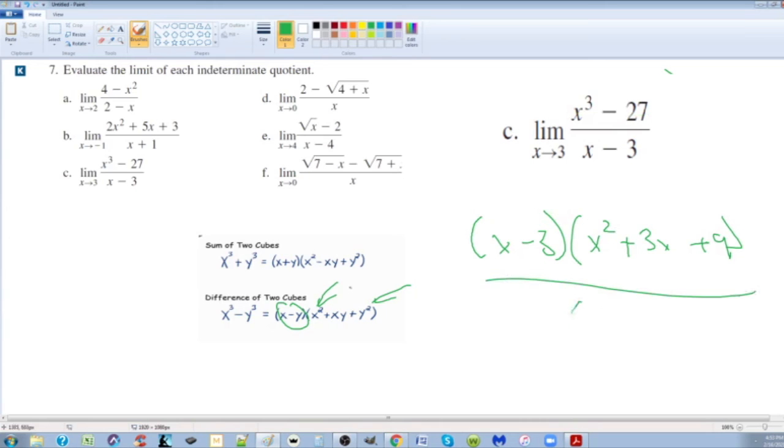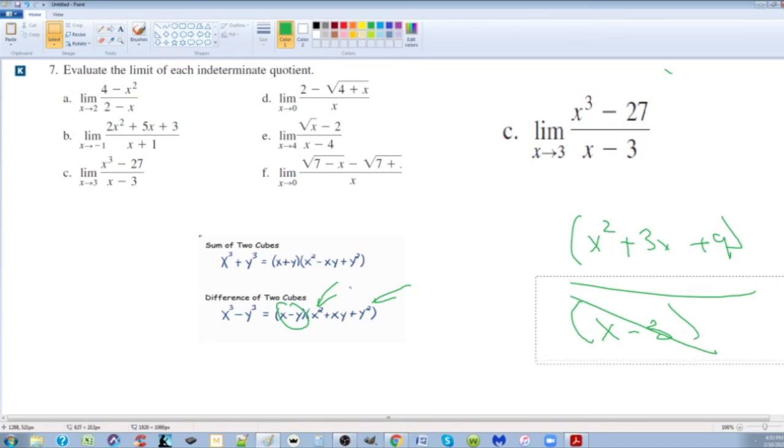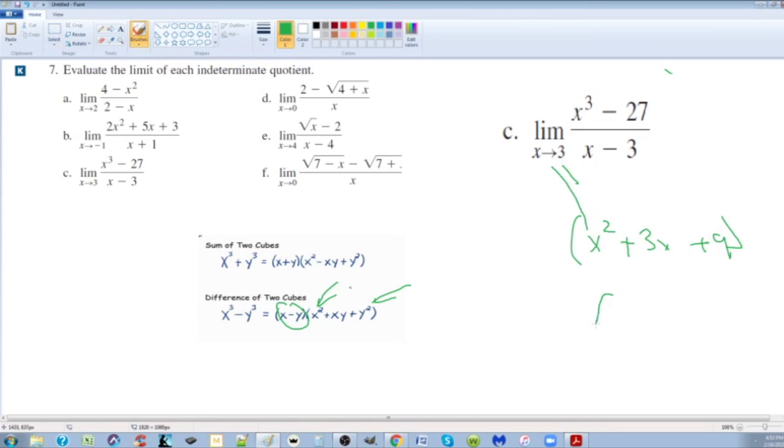All right, it's pretty clear that I can cancel, and I'm just left with this at the top. And now, when I substitute 3, I don't have a problem anymore. I get 9 plus 9 plus 9, 27. So that means the limit of this graph, which is going to be a parabola with a hole in it, is 27.